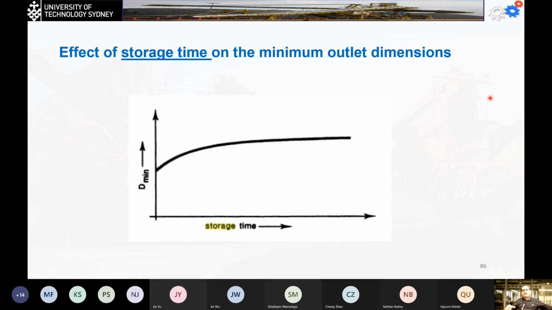You can see that later in your calculation: the diameter required to empty the hopper when the material has been stored for 1 day is going to be smaller than the diameter to empty the material which has been stored for 4 days. So usually we take the range. We take, for example, that the maximum storing period is about 5 days, and we design the minimum diameter according to the 5 days time.